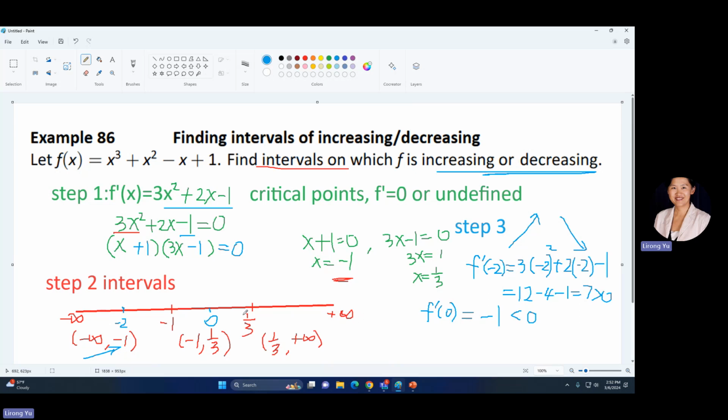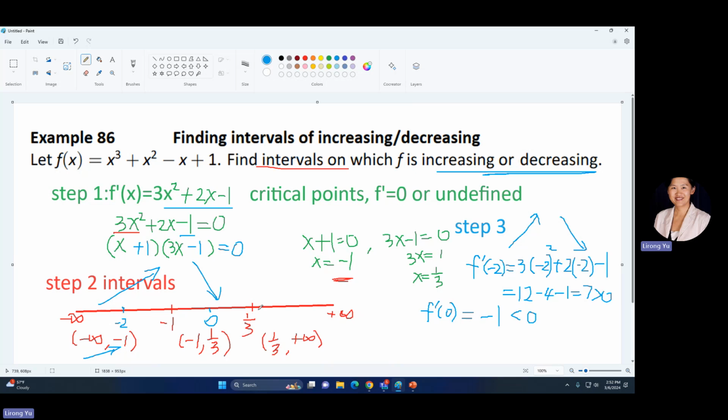Any questions so far? So we know it's decreasing, right? This interval is decreasing, the first is increasing. So the function goes like this. This is degree 3, right? The function would be increasing, then decreasing, then increasing.